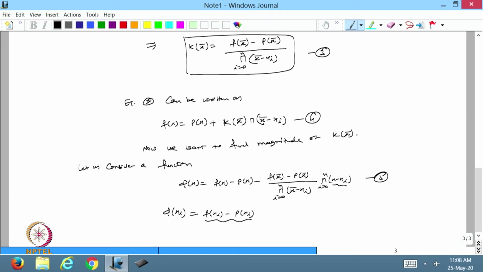So, this is also 0, plus 0. So, I can say that phi(xi) is 0 for all i from 0, 1, 2 up to n.